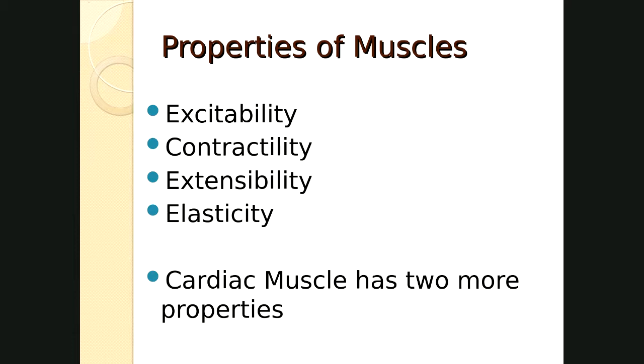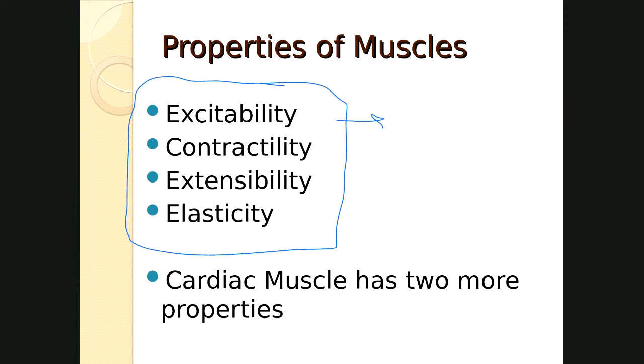So another thing we talked about with skeletal muscle, we said that there are these properties that all muscles have. Remember, excitability means that you can get an action potential. And then the action potential causes contraction. We're going to get this shortening and tension production. Remember, you can stretch a muscle. Well, the way you stretch a heart muscle is to put more blood in the heart.